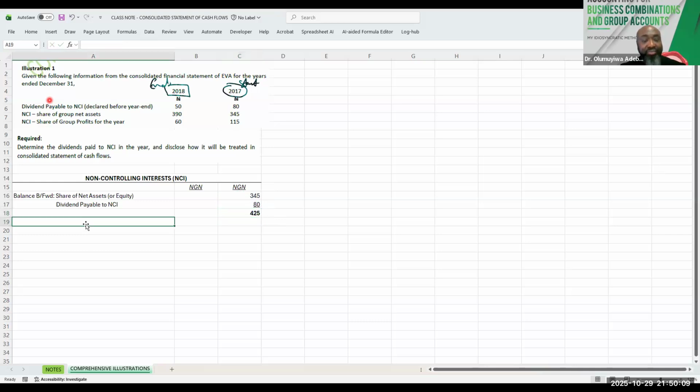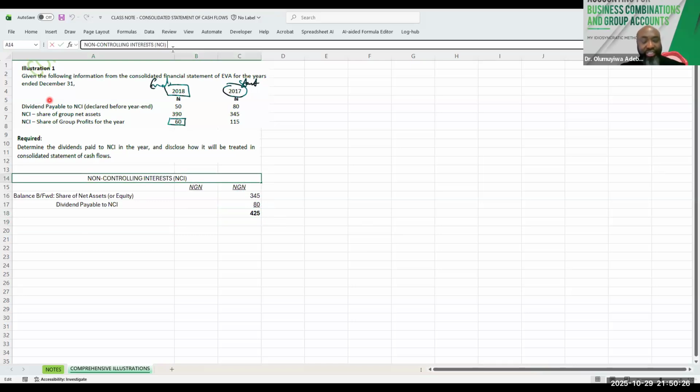Now, during the year, there was a share of profit. And what was relevant is the share of profit in 2018. Remember, the account we are doing is for the current year, which is the 2018 financial year.